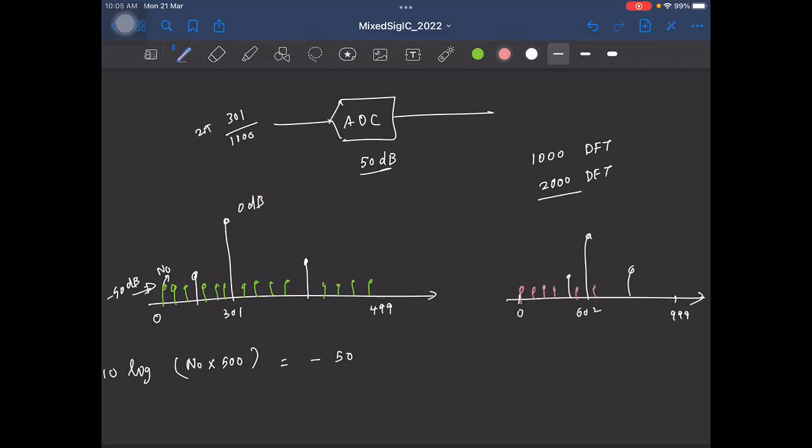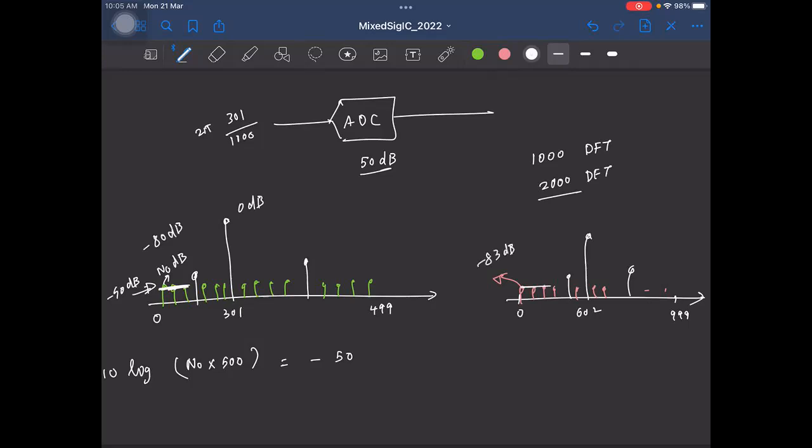If this level was some N naught dB, what can you say about this new level? It's half, because the same power is getting spread over two times the number of bins. So if this was some rough number like minus 80 dB, this will be minus 83 dB. Is that clear?